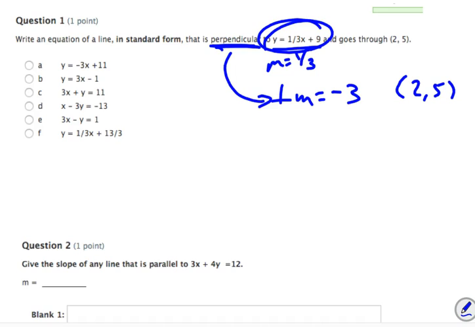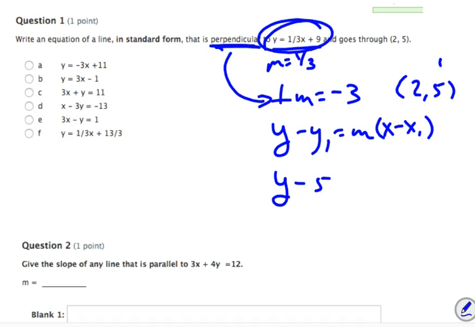Now it says in standard form, but because I have slope and a point, I would plug it into point slope form. In which case I'd have y minus 5, so my y1, equals -3 times the quantity, x minus 2. This is my x1. I say standard form, so I need to get x and y on the same side.